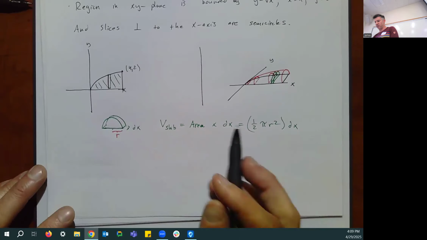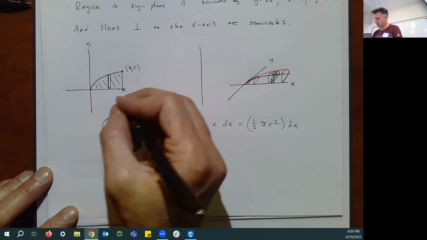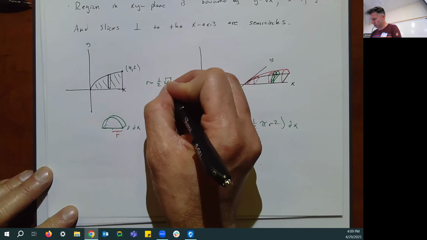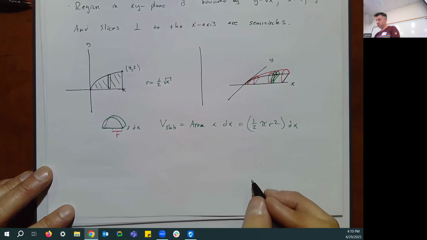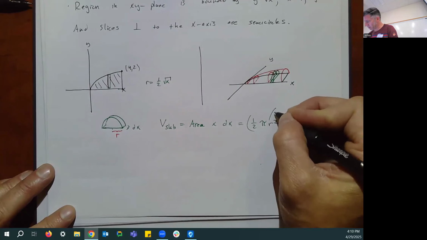Well, it looks like the radius is just half of that function height. So my radius is 1/2 of the function, which is the square root of x. Okay. Seems right. Looks good to me. So that's what's going to go for my radius right there.